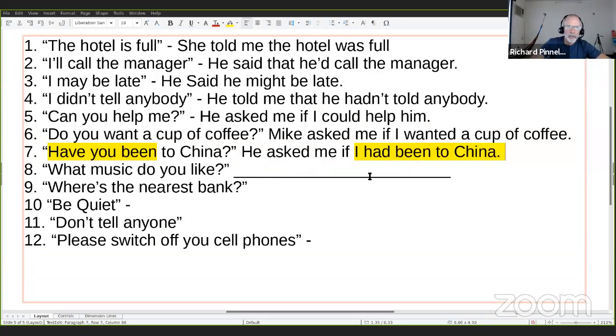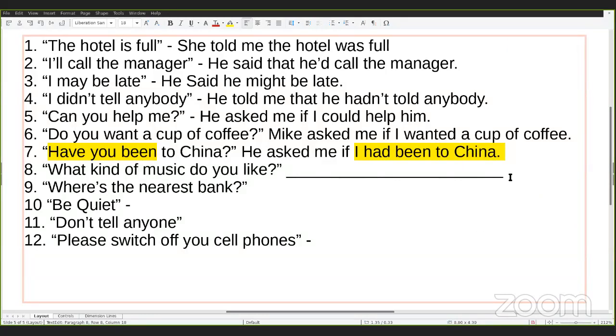What music do you like? Maybe it's better to say here, what kind of music do you like? He asked me what... Did you like?